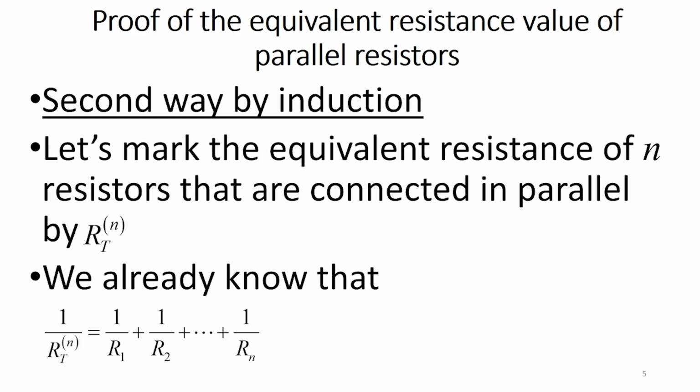Second way of the proof is by induction. Let's mark the equivalent resistance of n resistors that are connected in parallel by RT(n). We already know that 1 over RT(n) equals 1 over R1 plus 1 over R2 plus ... plus 1 over Rn.